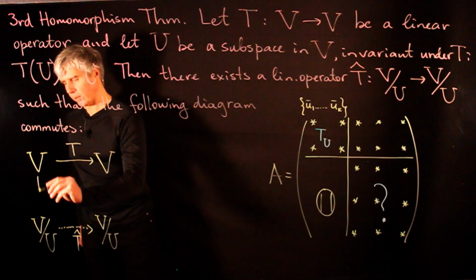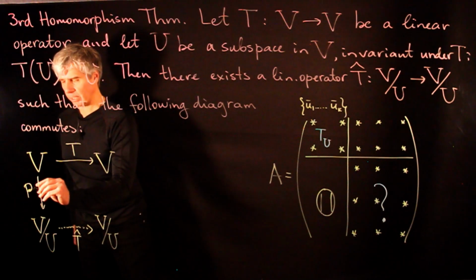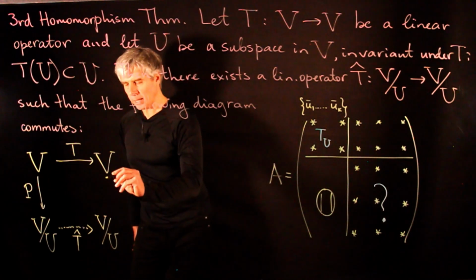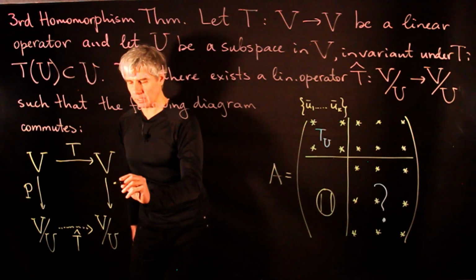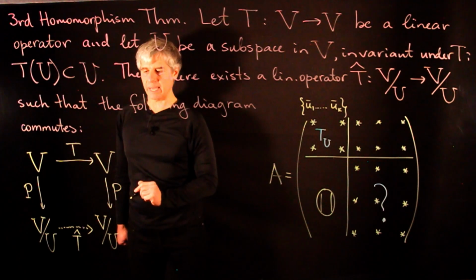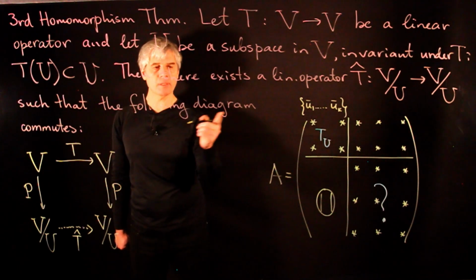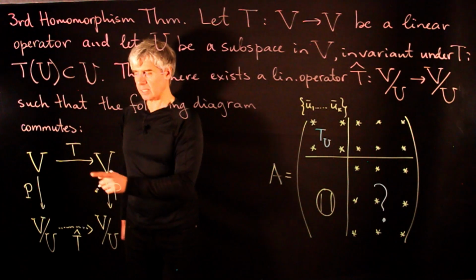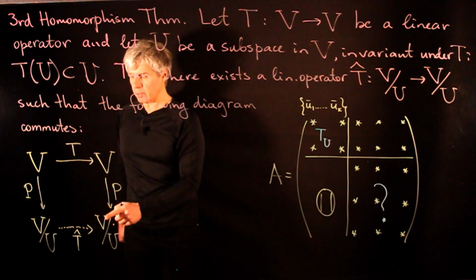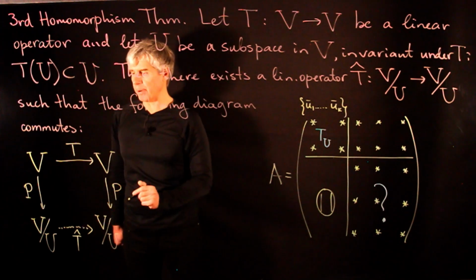And vertically we have the canonical projection. So we have the canonical projection from V to V quotient by U and the same canonical projection here. So we get a square with 4 maps on this diagram. And the claim that this diagram commutes means that if we travel in this diagram following the arrows, then the result does not depend on our path.